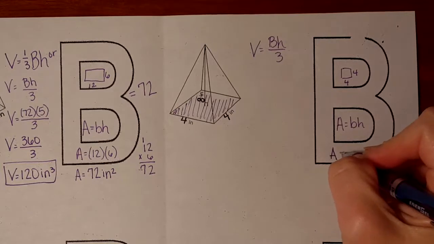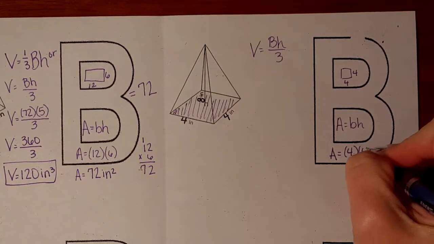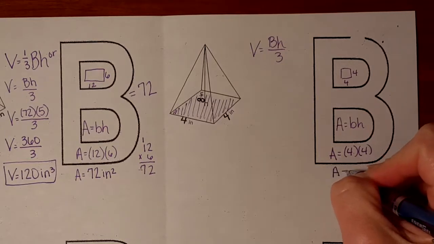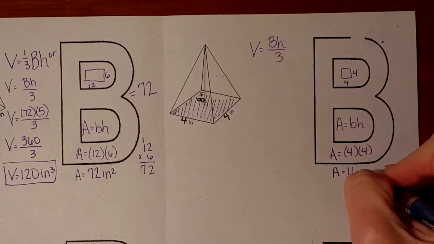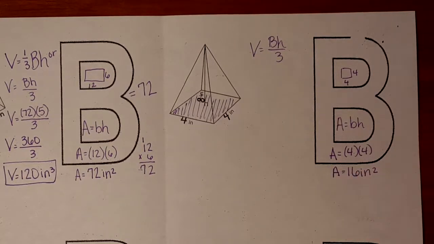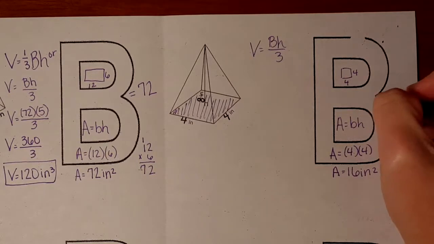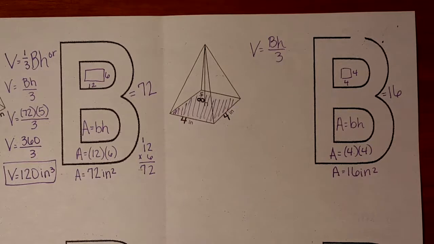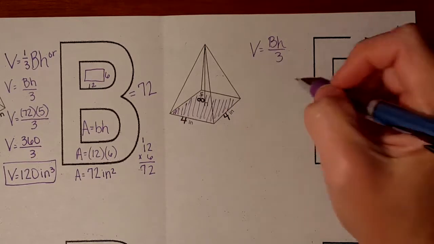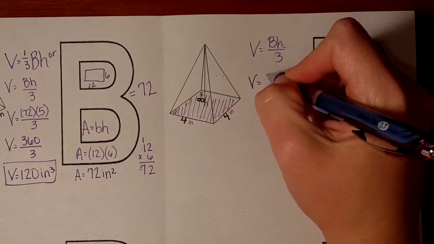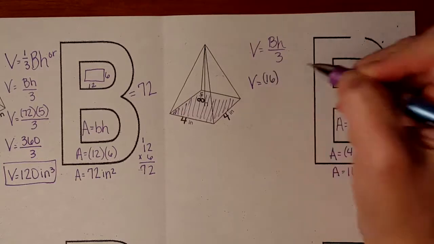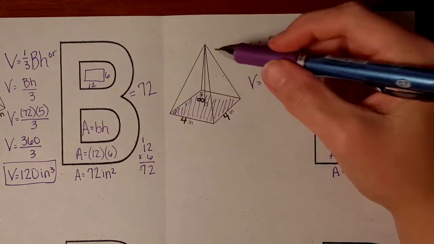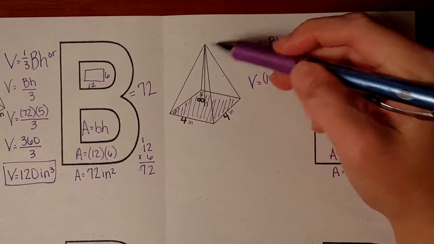And when I plug my numbers in, I have 4 times 4, which gives me an area of 16 inches squared. So I'm going to plug 16 in place of big B in my volume formula. The height of this pyramid is 8 inches.